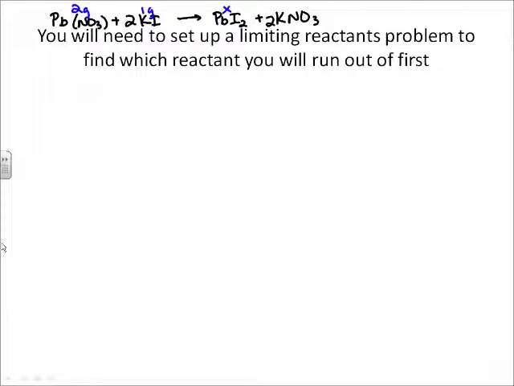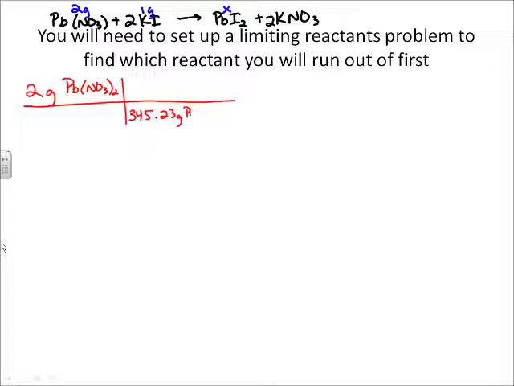So we have 2 grams of lead-2 nitrate. Use the molar mass of lead-2 nitrate to get us to moles.